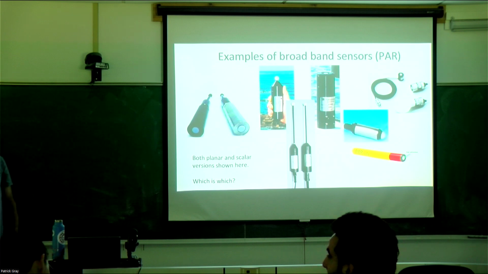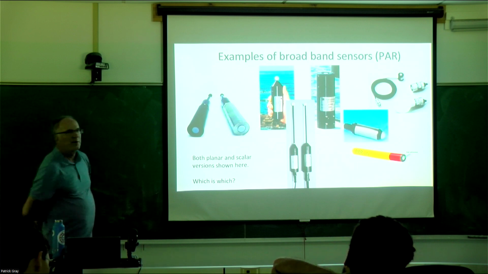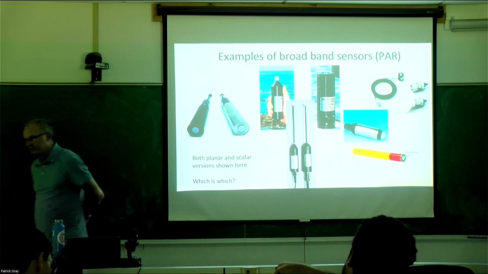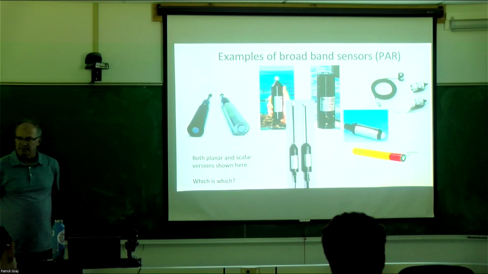Is your overall reading stronger from a planar radiance sensor versus a scalar radiance? Why would you think that would be? Just because of the diagram: the detector relative to the size of the diffuser looks much smaller.